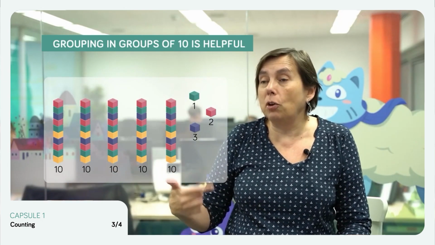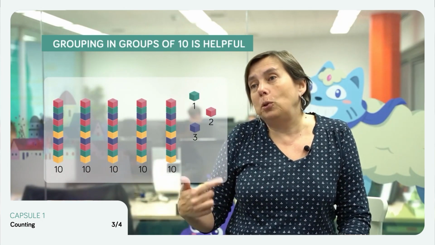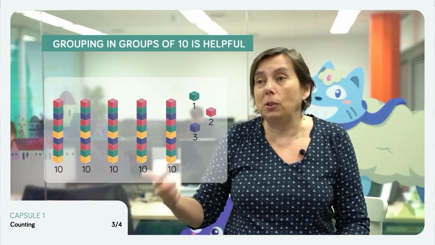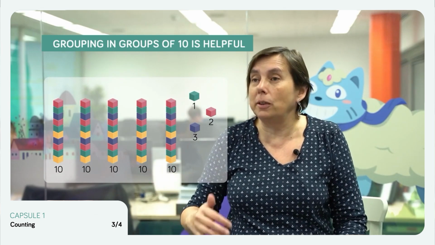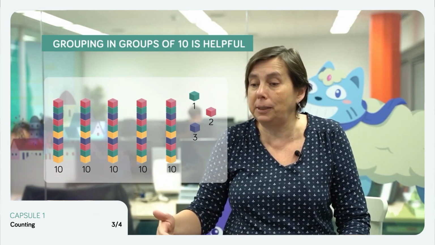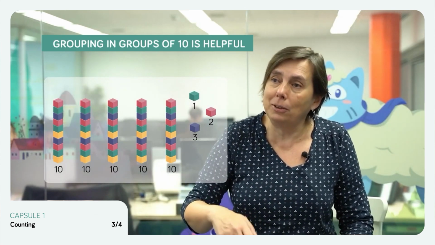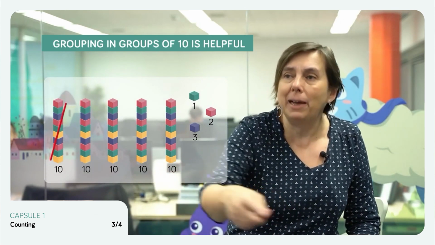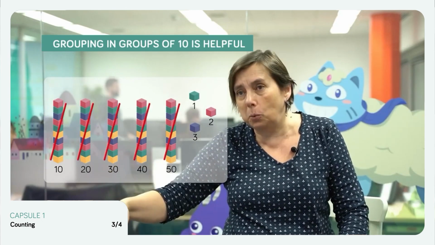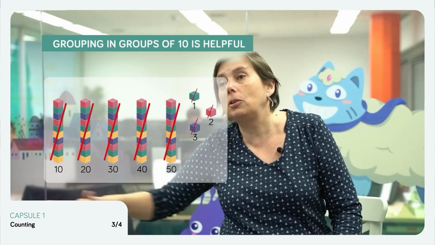So, the child can quickly use rote counting of the groups of 10 to count, with an efficient methodology, and point out each group, not each object, and say 10, 20, 30, 40, 50, and these 3, 53.